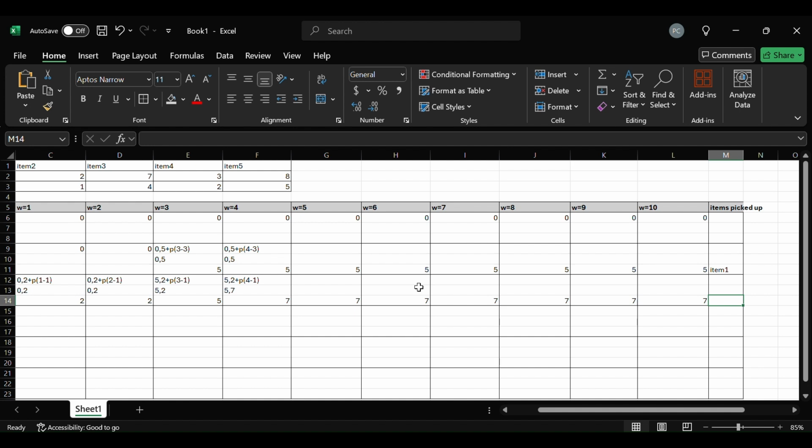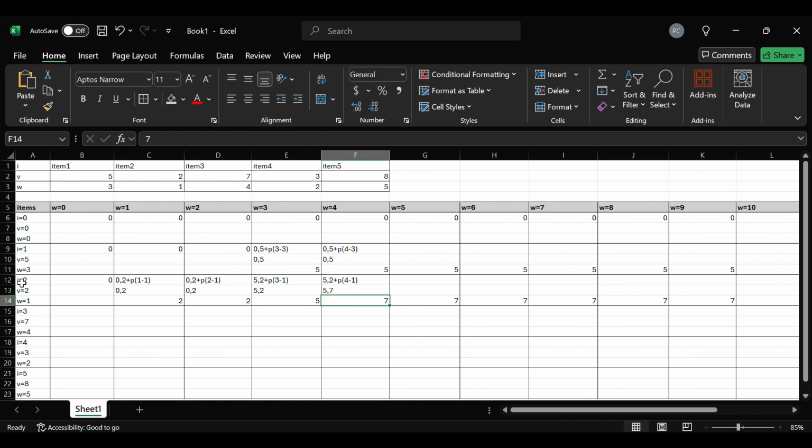Right, so now how do we know which of the items we have picked up? Right, so here our decision is to pick up, and which items did we pick up? Well, we picked up item 2, because we decided, okay, pick up.